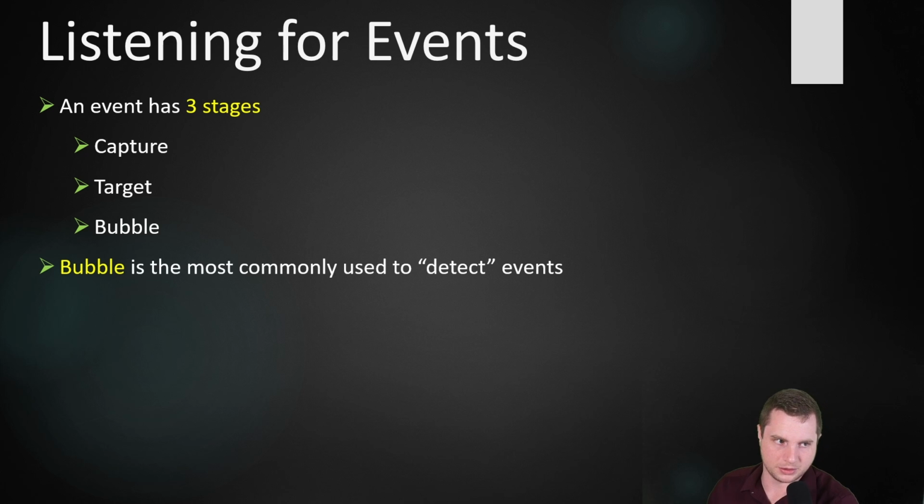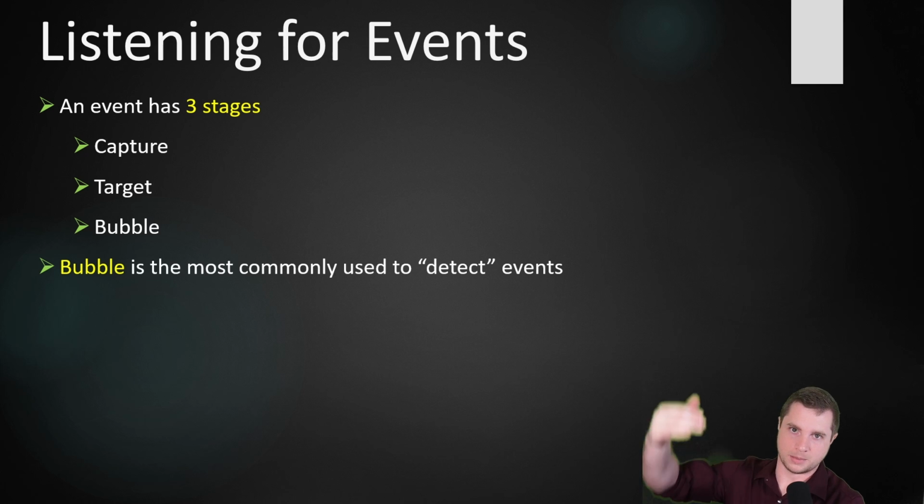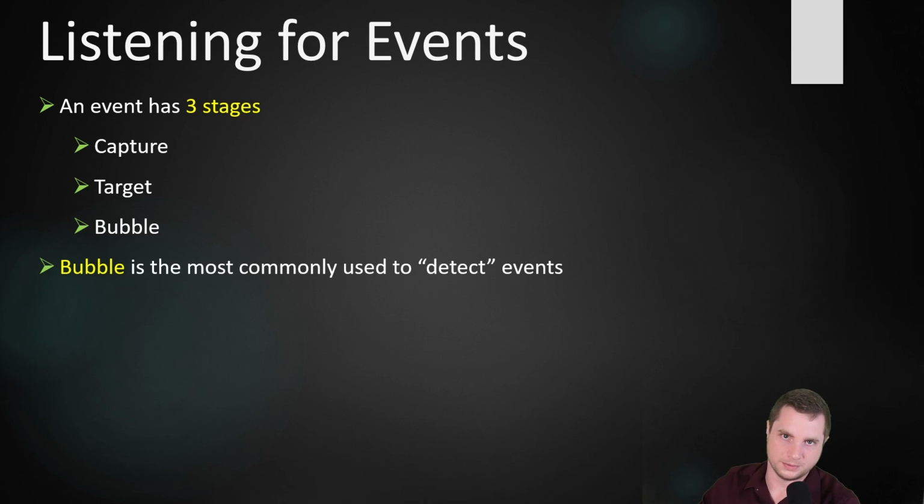Listening for events, you have 3 stages. You have the capture, so coming down the DOM to get that event. You have the target itself that triggered the event. And then you have the bubble, so back up the DOM. Most event listeners are captured on the bubble.